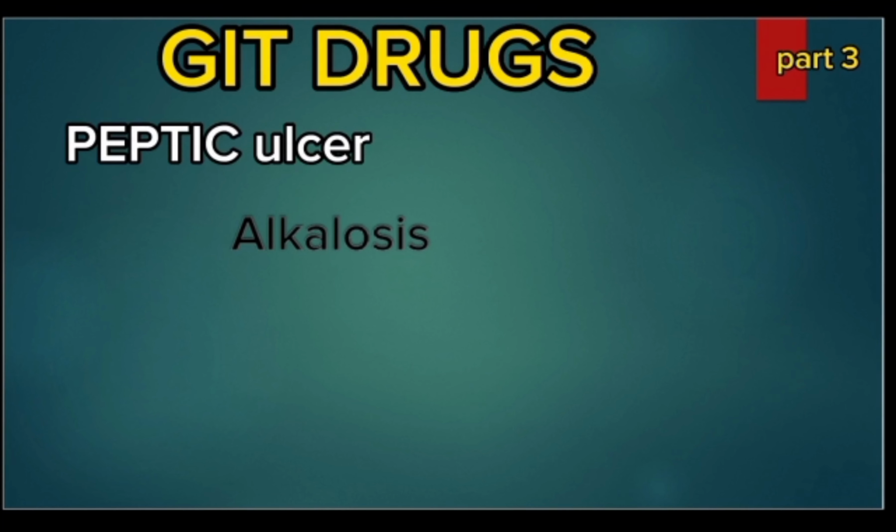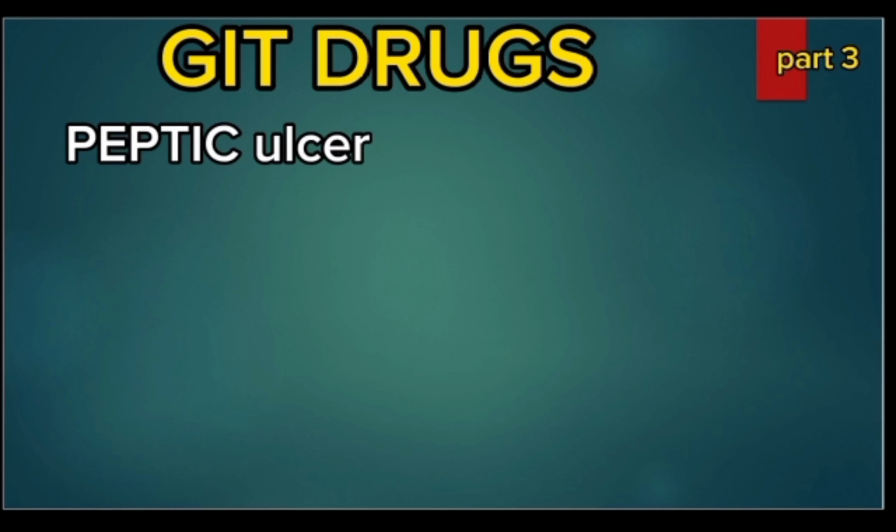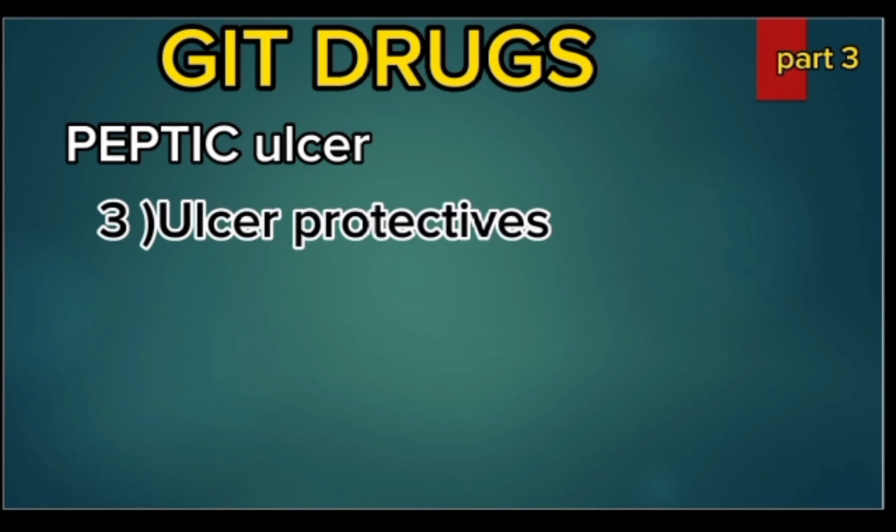Second, after its dissolution, it produces carbon dioxide gas in the stomach that can cause distension and stomach discomfort. Further, it can also cause sodium overload in the body that can induce edema.